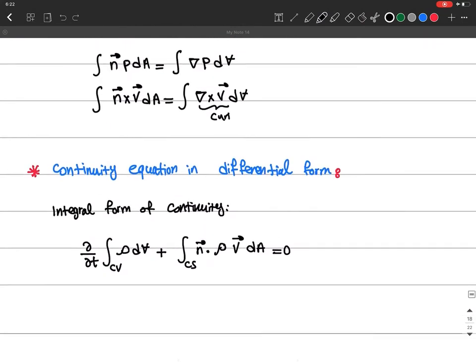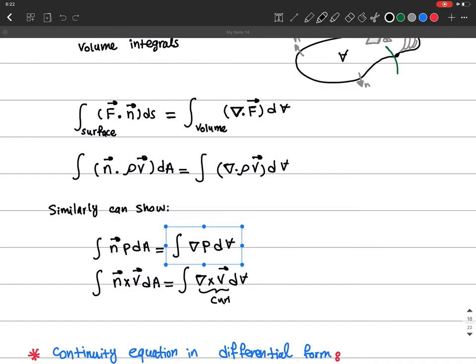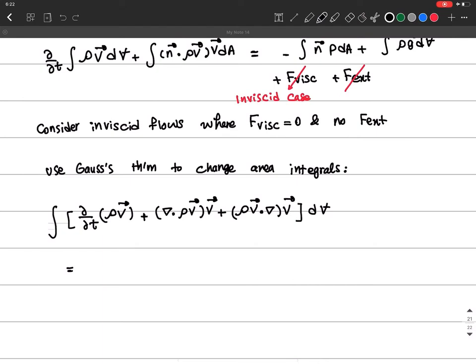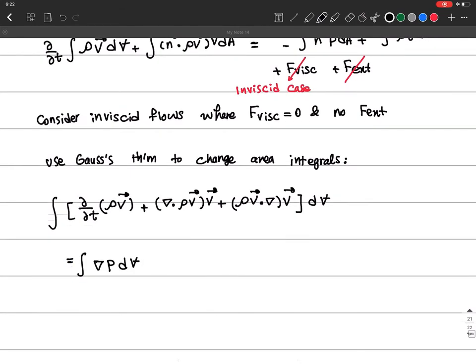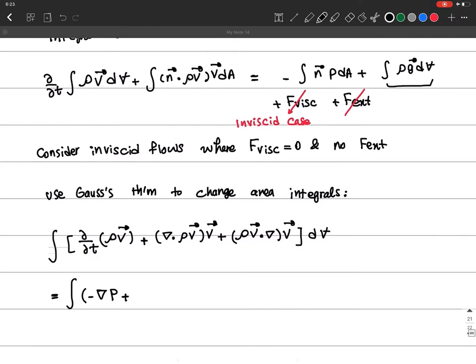The integral of n p dA over the control surface, if we convert it to a volume integral, is minus the integral of grad p dV. So on the right hand side we have the integral of minus grad p, plus the second term, which is the body force or the weight of the fluid, rho g, and the whole thing is the integral over the control volume dV.